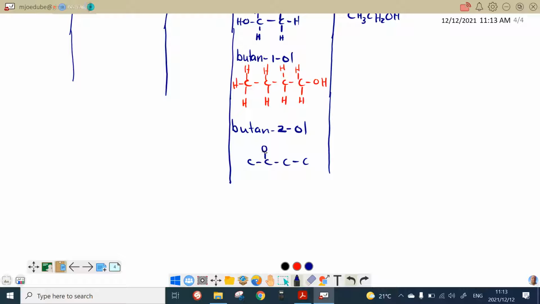If you're drawing the structural formula, you need to show the bonding that is taking place. All the bonds need to be shown, right? And therefore you would have it look like that. Take note, it's the oxygen that bonds to the carbon, because oxygen is divalent.